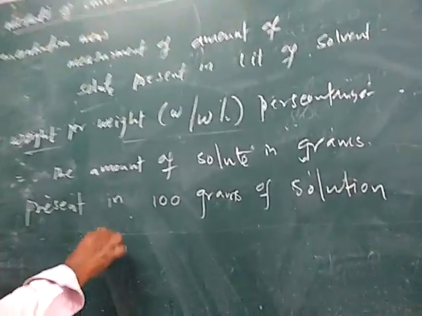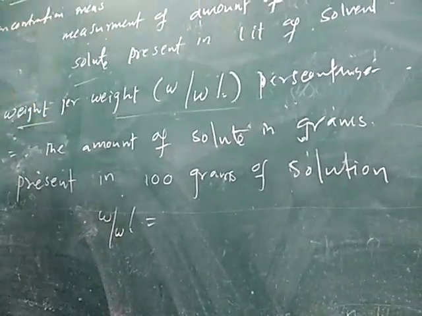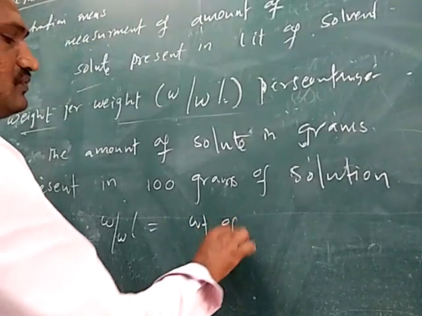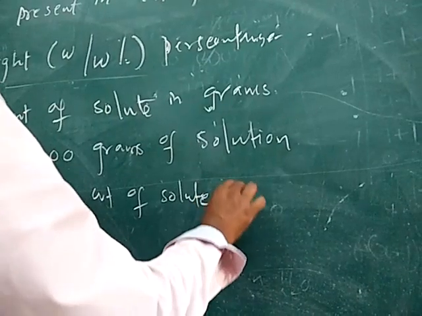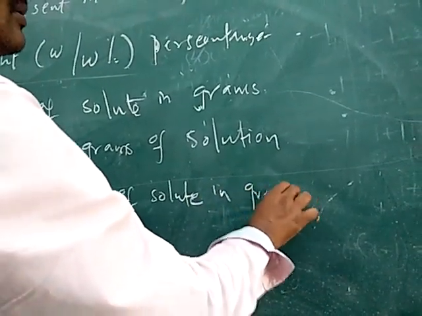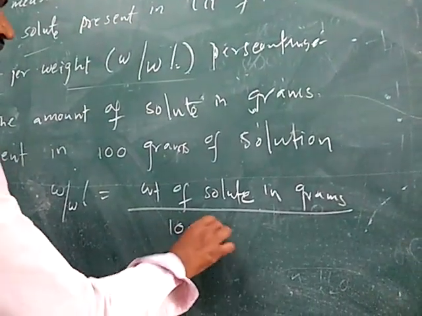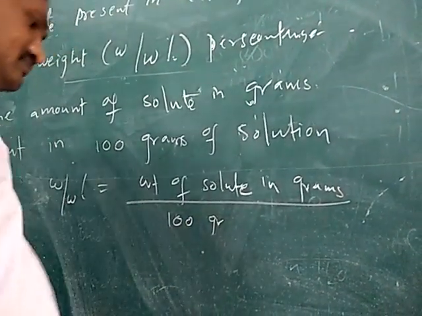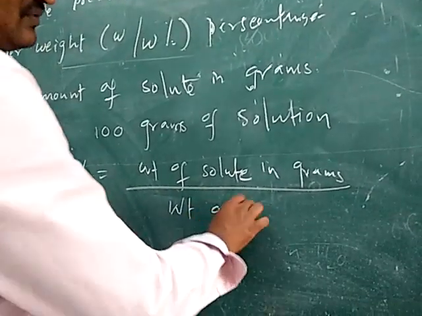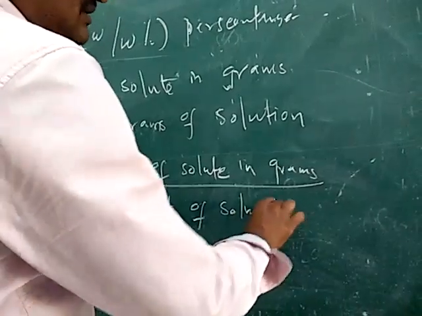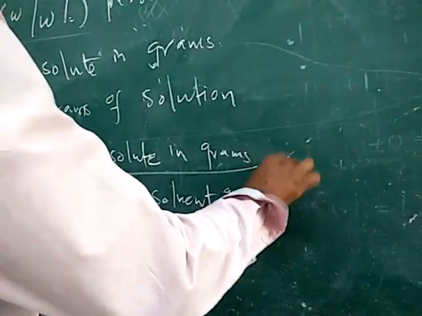So weight per weight percentage ratio is equal to weight of solute in grams by weight of solvent in grams, into 100.